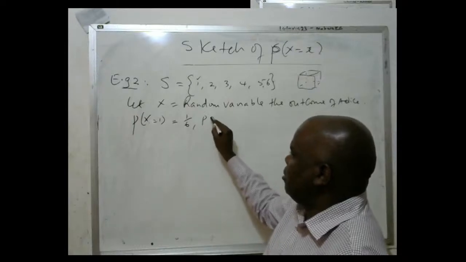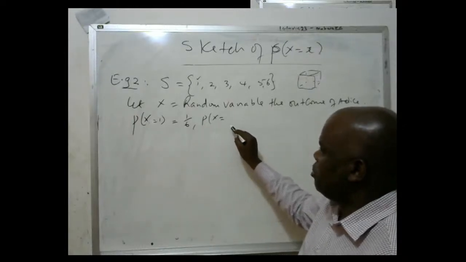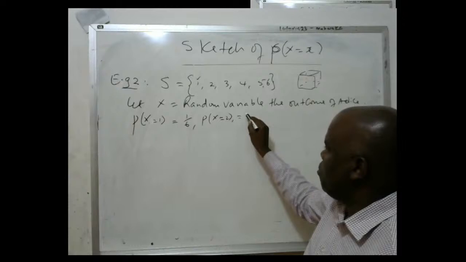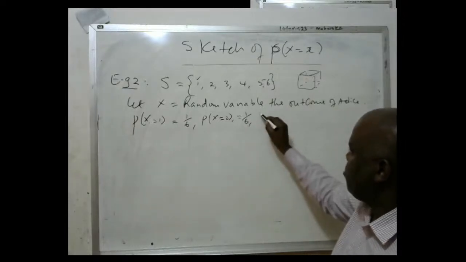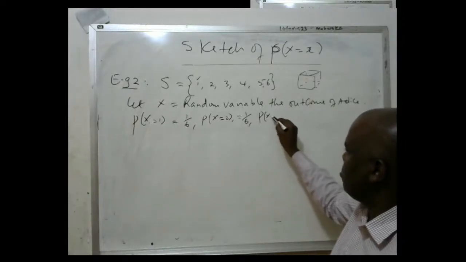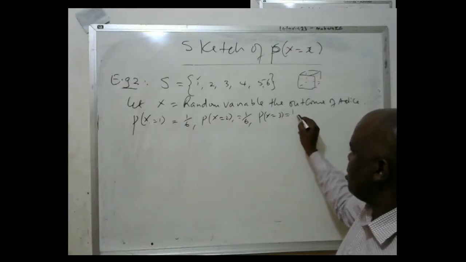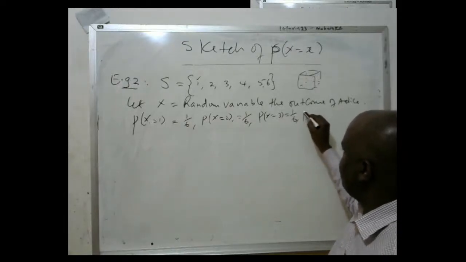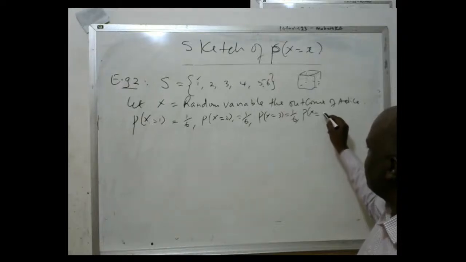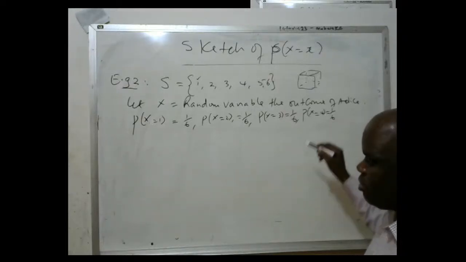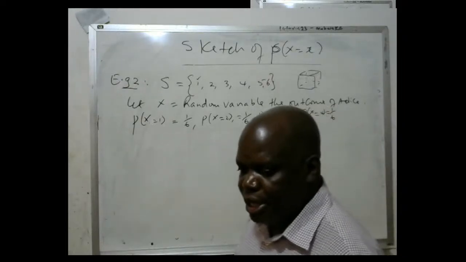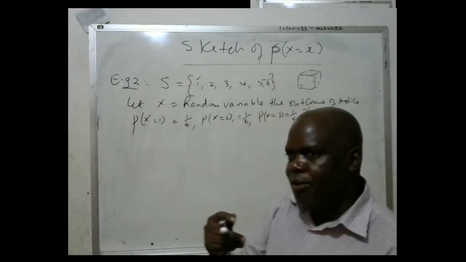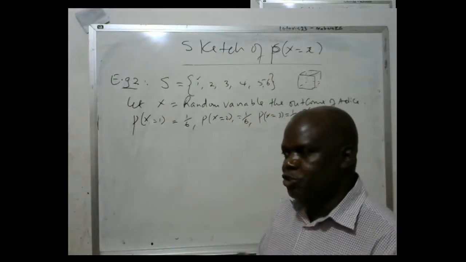The probability of getting a 2 is also 1 out of 6. The probability of getting a 3 is also 1 out of 6. The probability of getting a 4 is also 1 out of 6, because they are equally likely. As I've told you, a Ludo game, they are supposed to be uniform.